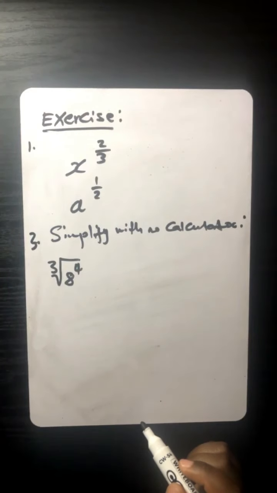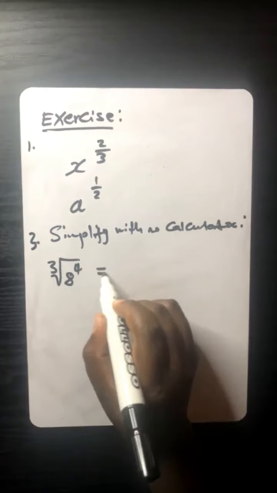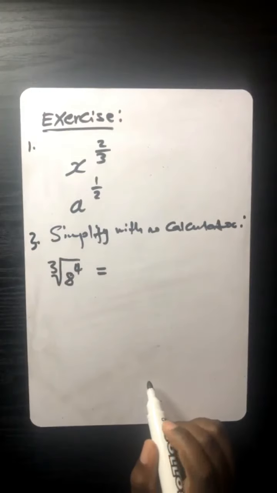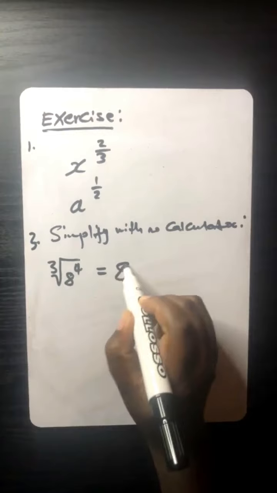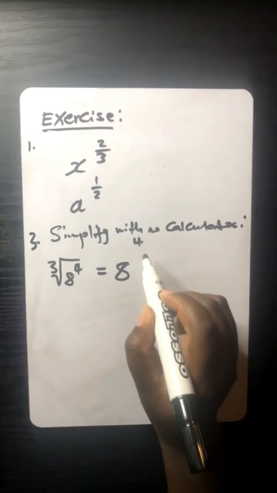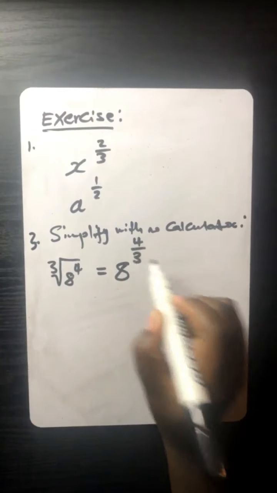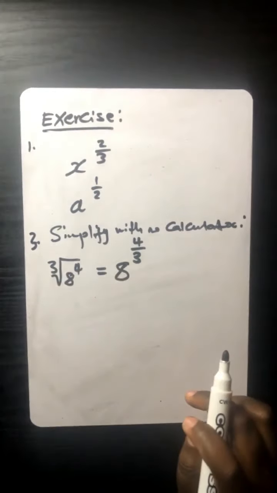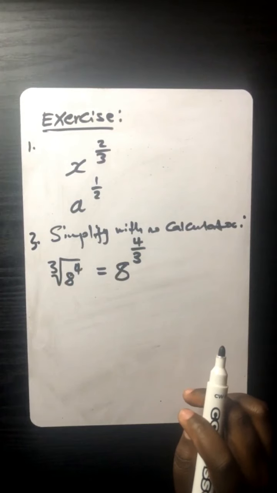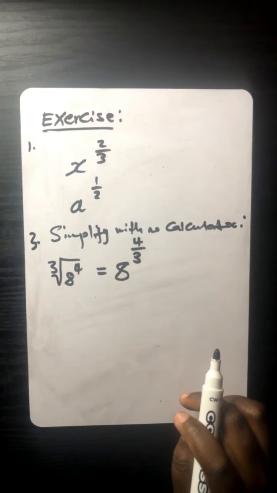So in my case, if I had to simplify this without using a calculator, I know I can write that as 8 to the exponent 4 over 3. So I've just simplified that without using a calculator, guys.